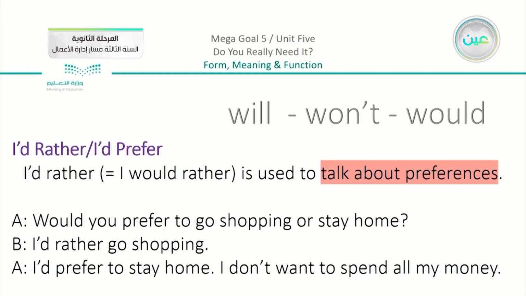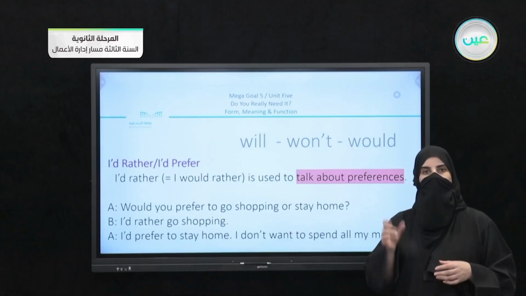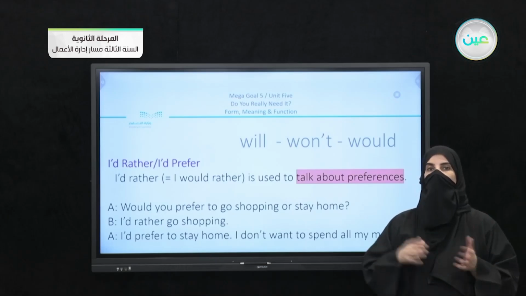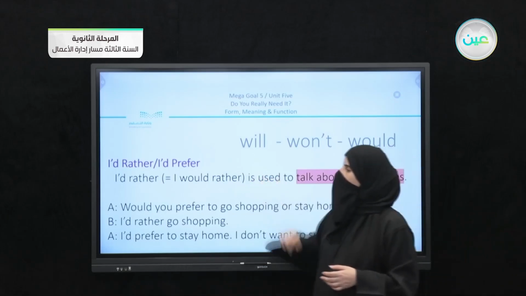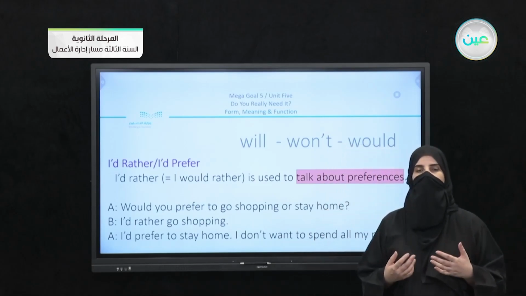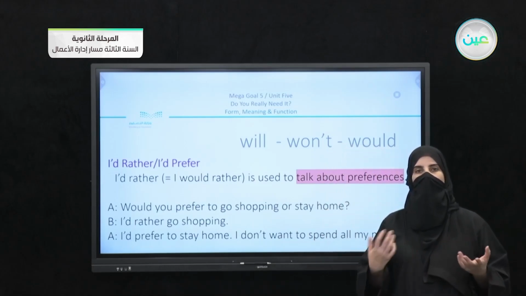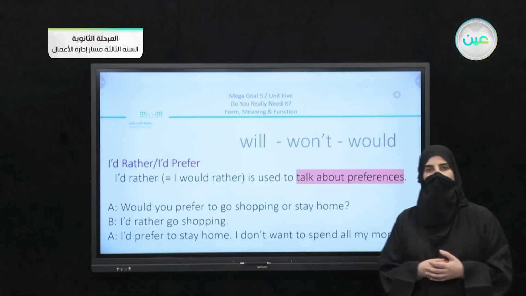When I am talking of what I would rather do or I'd prefer to do, I can first of all shorten. Instead of saying I would, I'm going to say I'd, the I apostrophe D. It gives you the meaning that you would prefer to do something, so it is actually dealing with personal preference.